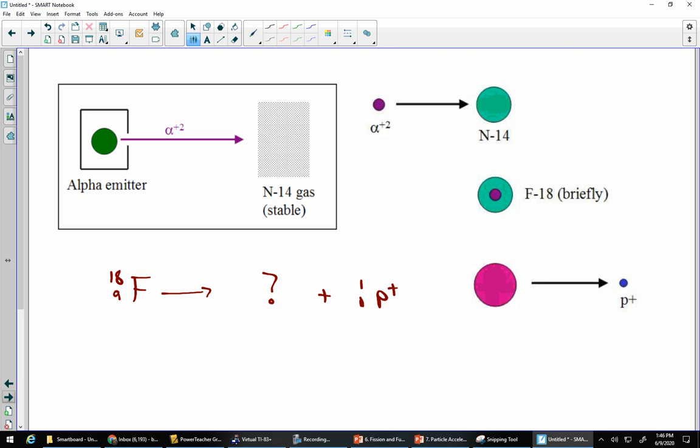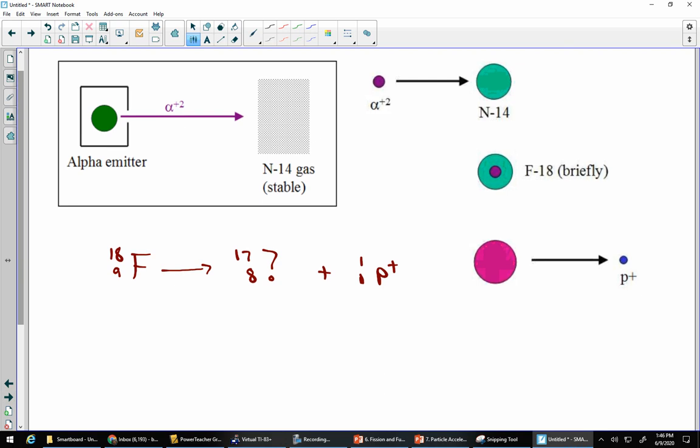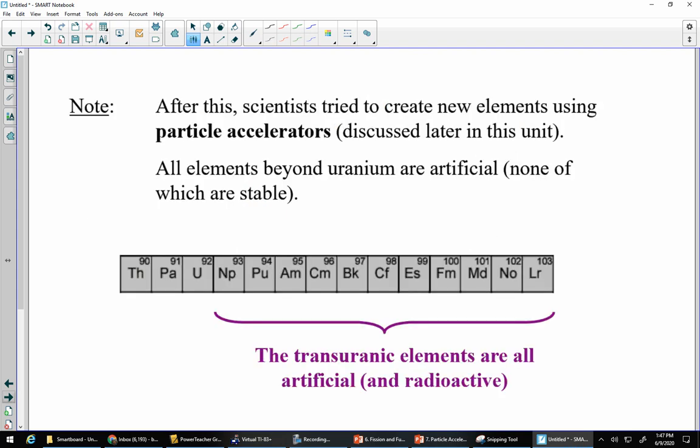So conservation of charge says there has to be 8 protons in this missing thing. And then 1 plus 17 equals 18, so the law of conservation of nucleons makes sense. Have you figured it out yet? I'm going to ditch that question mark. It's going to make oxygen-17 and a proton. Pretty neat. Law of conservation of nucleons, law of conservation of charge, all over the place here.